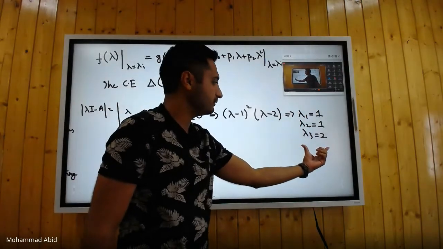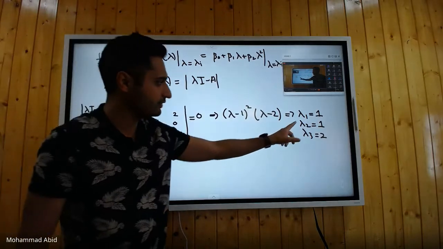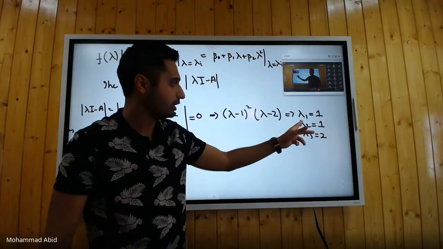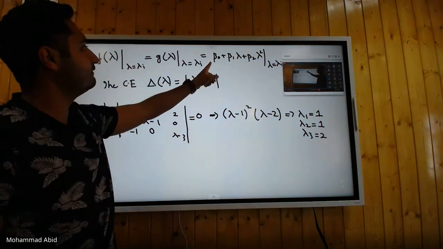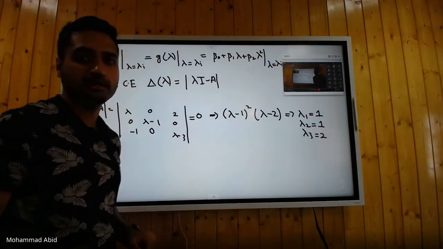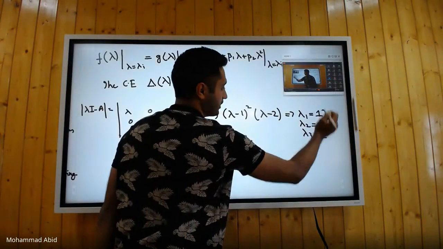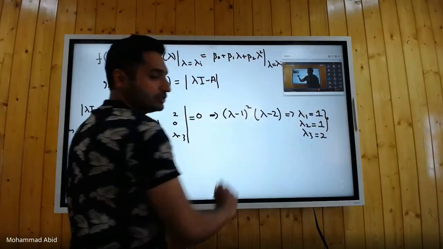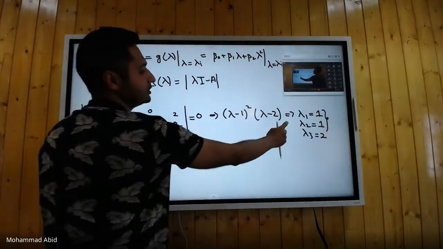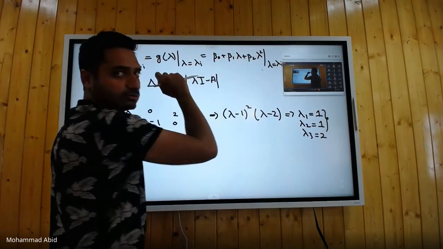अब यहाँ पे कितने lambdas हैं? 3. अगर ये distinct होते हैं, let's say it were 1, 3 and 2, तो 3 different equations बनती in this polynomial, and you could evaluate beta naught, beta 1 and beta 2 separately. यहाँ पे ये difficulty है कि you are having a repeated pole or a repeated eigenvalue. तो इन दोनों से एक ही equation generate होगी. If you substitute lambda equal to 1 here, beta naught plus beta 1 plus beta 2, isn't it?